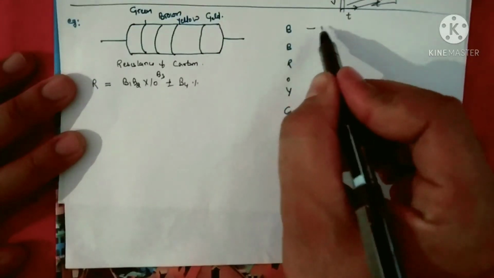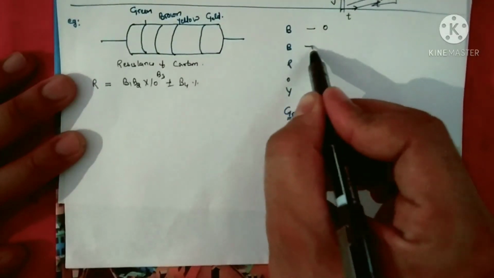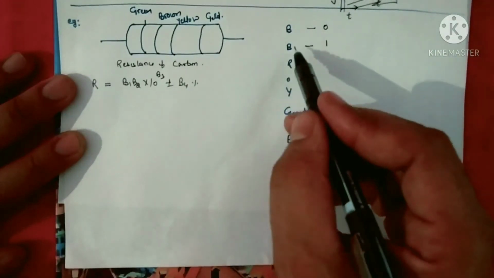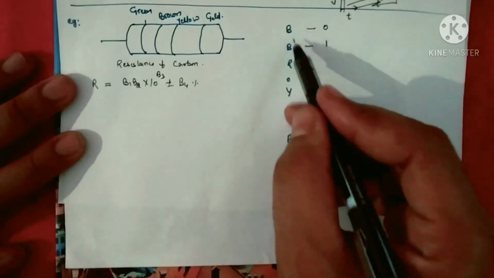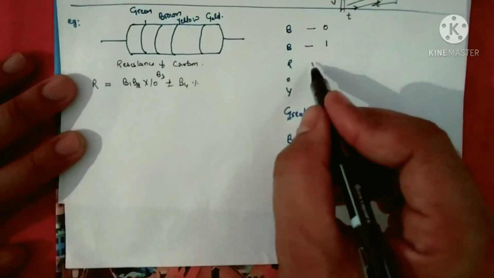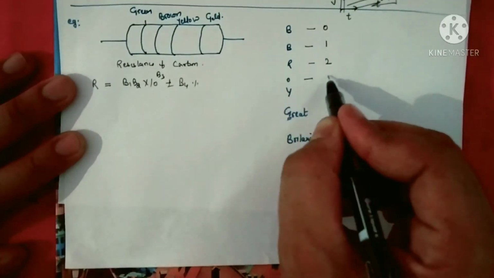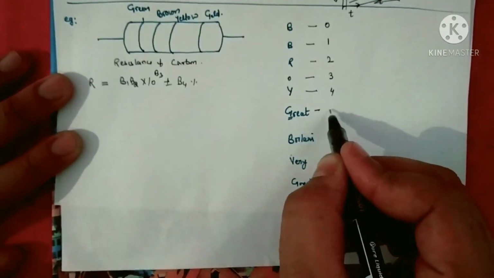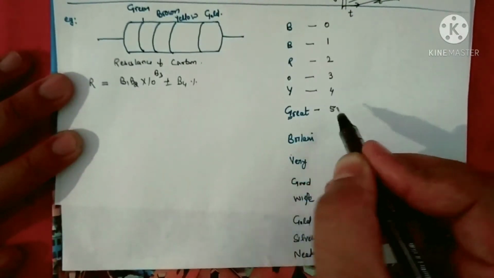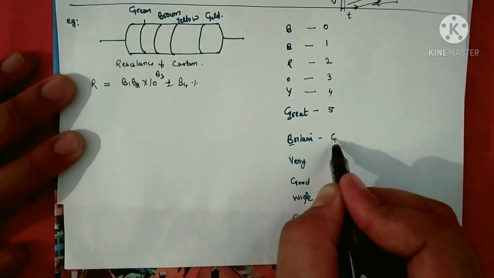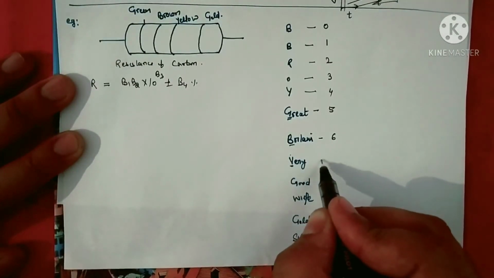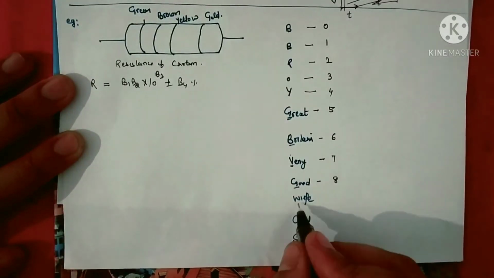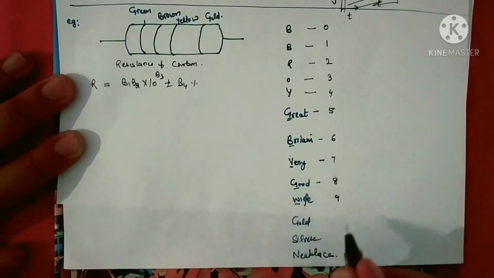So B for 0 coding, this B for 1, this B for black, alphabetically will go black, then this is brown, then red, this is orange, this is yellow, G for green, here B for blue, alphabetically this V for violet, the G for grey, this W for white, and gold.